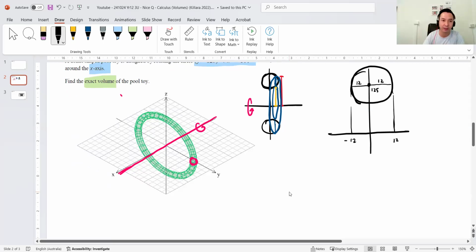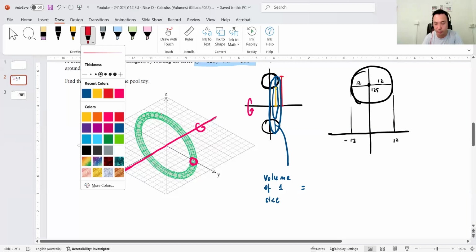Now, let's go to this volume, right? So the volume of one slice equals the volume of the red minus the volume of the yellow, right?